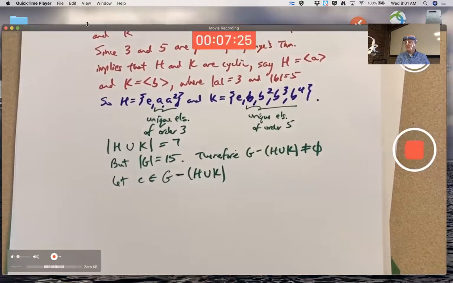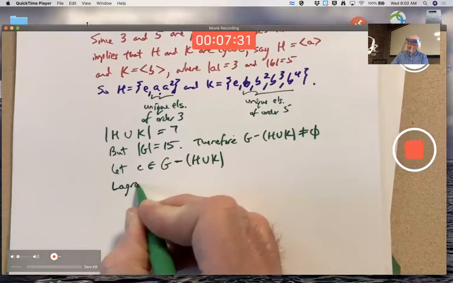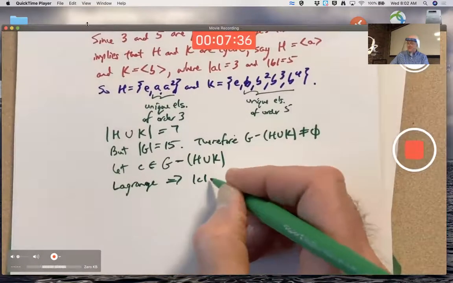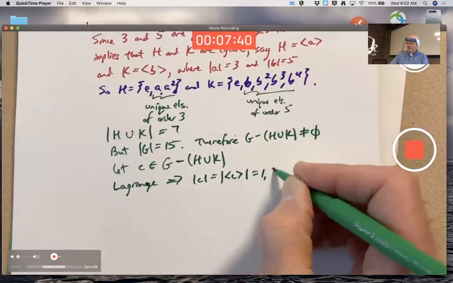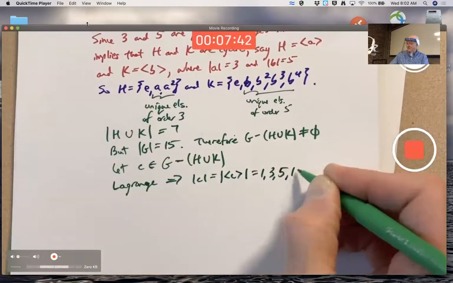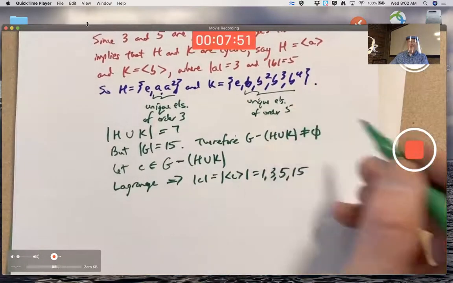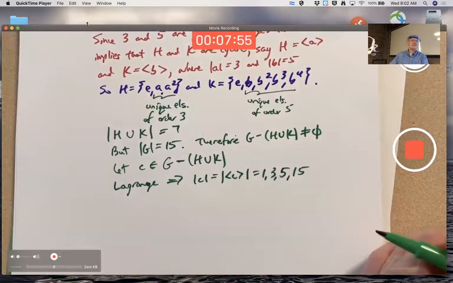It would have to be order 15 because of what theorem? Lagrange's theorem. Lagrange's theorem implies the order of C, which is the order of the cyclic subgroup generated by C, is either 1, 3, 5, or 15, one of the divisors of 15, but it can't be 1 because it's not E. It can't be 3, it can't be 5 because we've already listed out the elements of order 3 and 5 and they are in H union K. It's got to be 15.